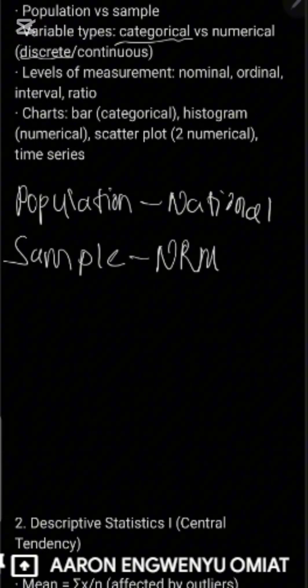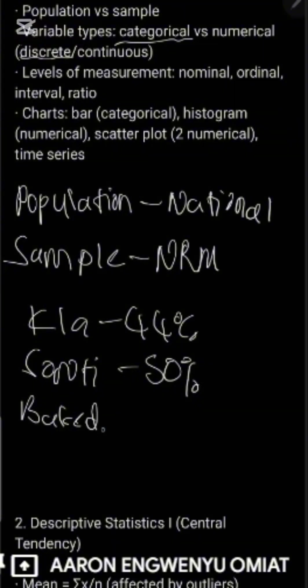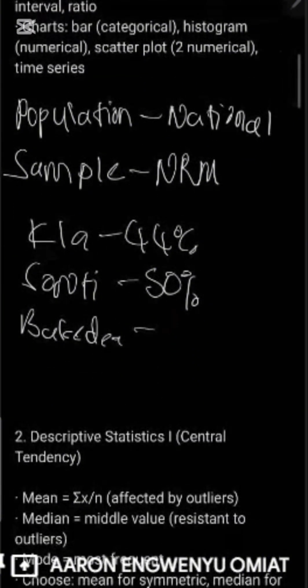Maybe an example would be the percentage. Think of the percentage voter turnout in different areas. For example, Kampala was about 44%, Soroti was about 50%, then places like Bukedea had about 94%.